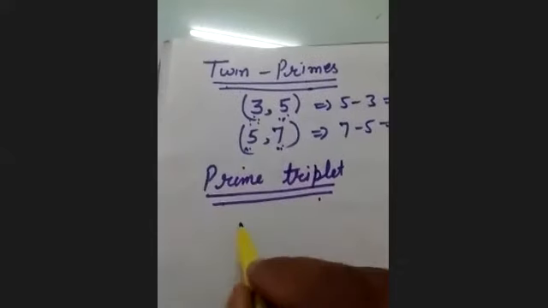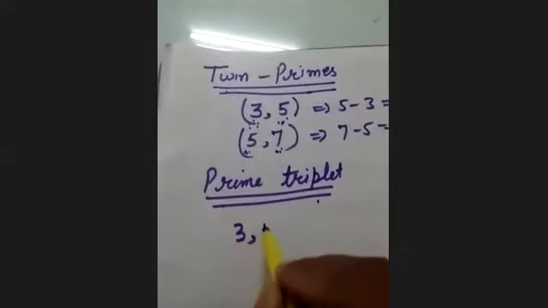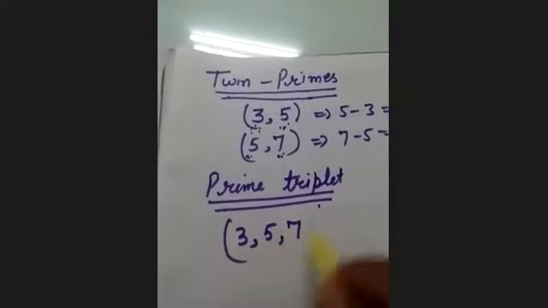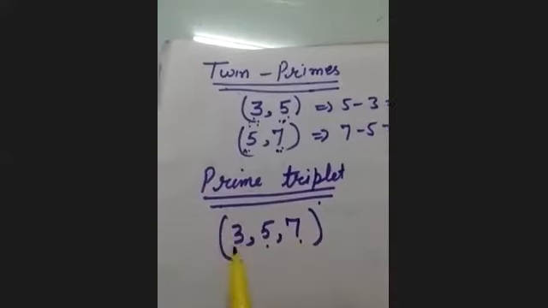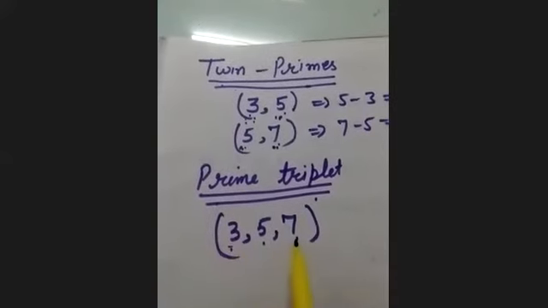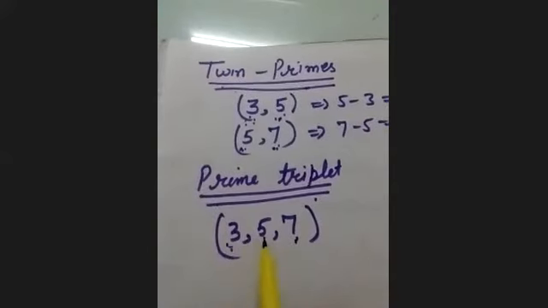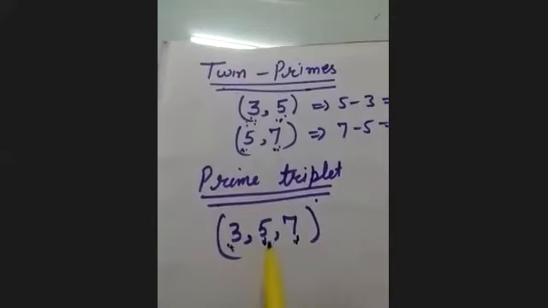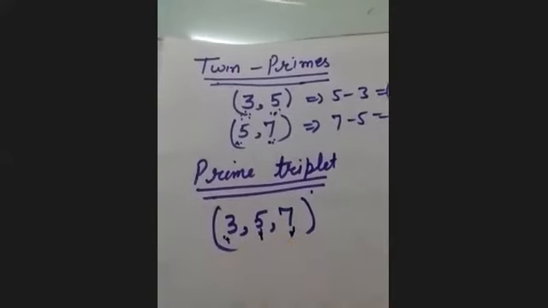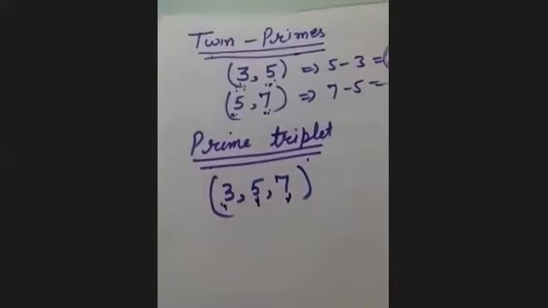For example, 3, 5 and 7. 3, 5 and 7 all are prime numbers. Now, the differences between them: 5 minus 3 is 2, 7 minus 5 is 2. So 3, 5 and 7 are prime triplets.